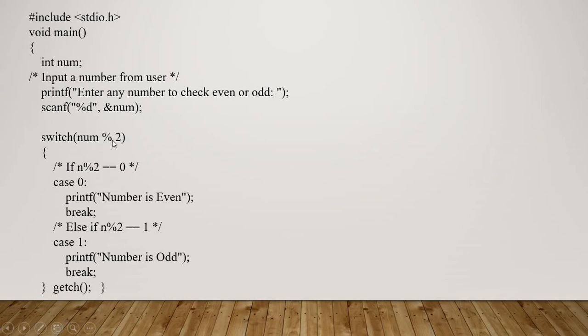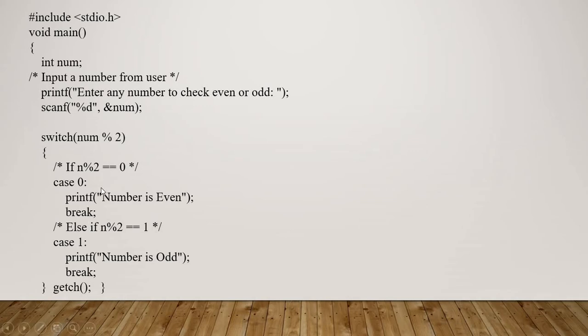If that number modulo 2, that is, if that number gets divided by 2 and I get remainder 0, then of course that number is an even number. So case 0 will print my true statement, the number is even. The switch will break over there.